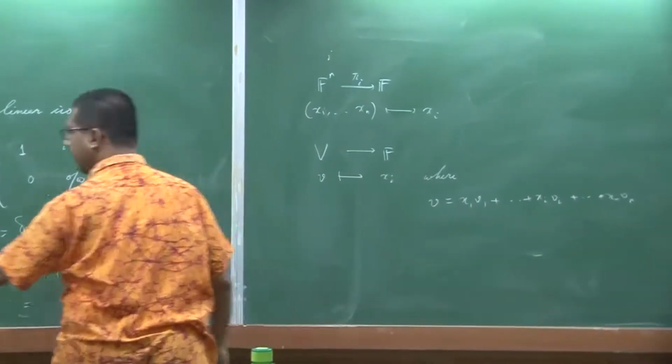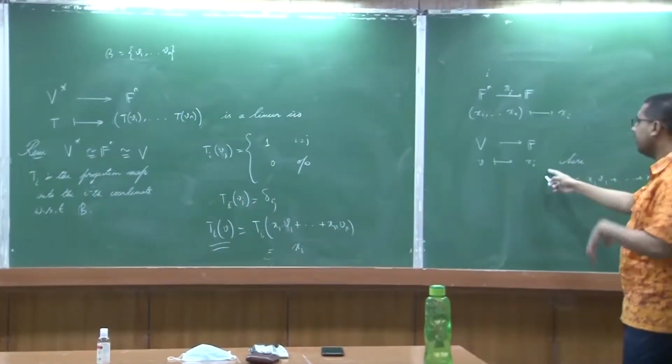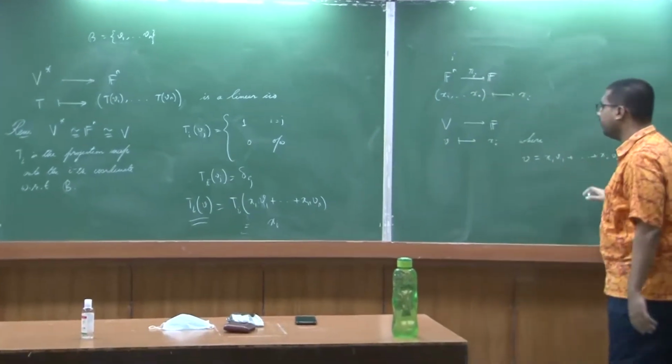So, this is the linear form which is the projection onto the ith coordinate with respect to B.